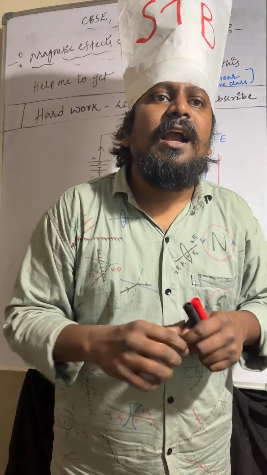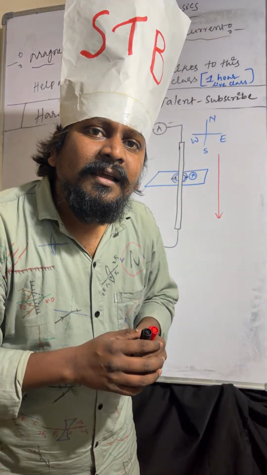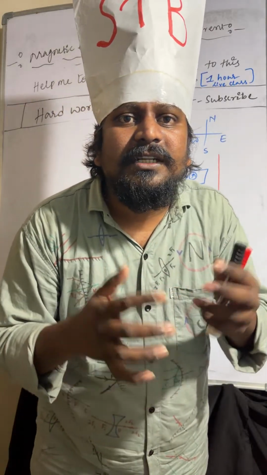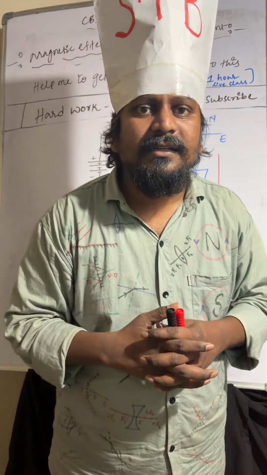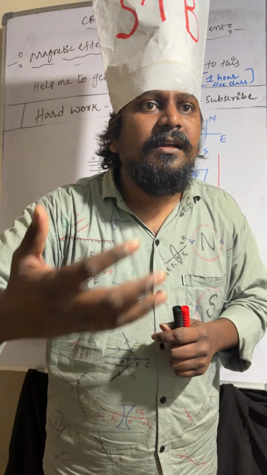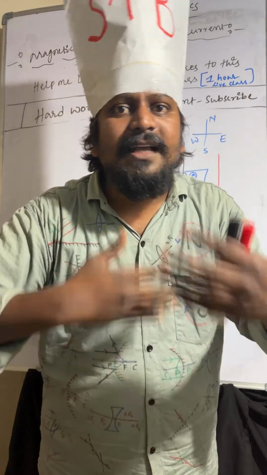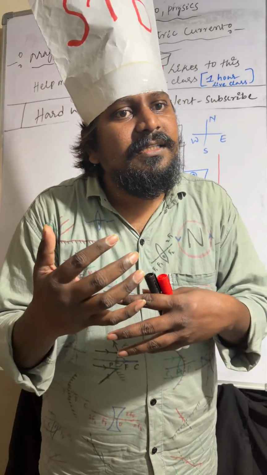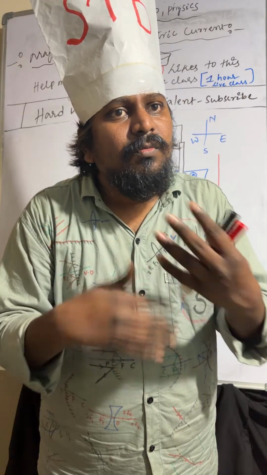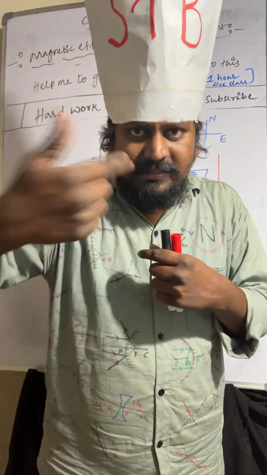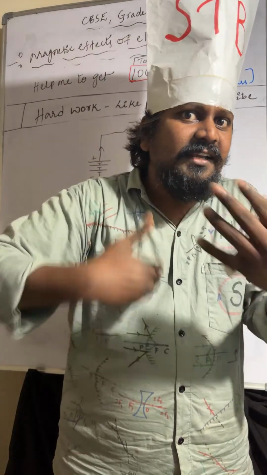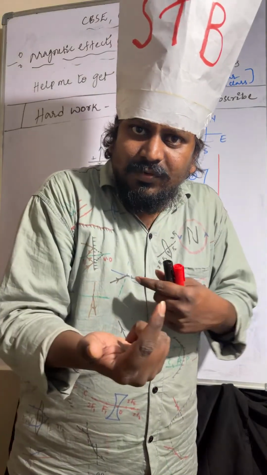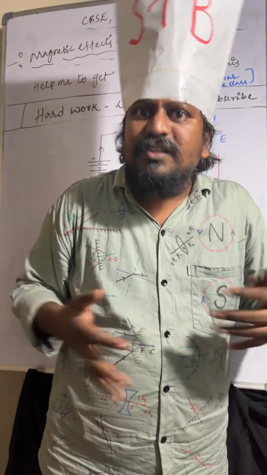And also one thing. Magnetic field is directly proportional to the current flowing through the conductor. If the strength of current is more, then the magnetic field also increases.